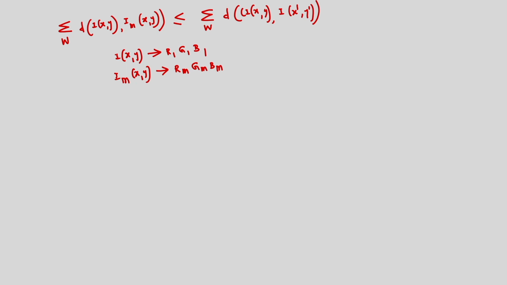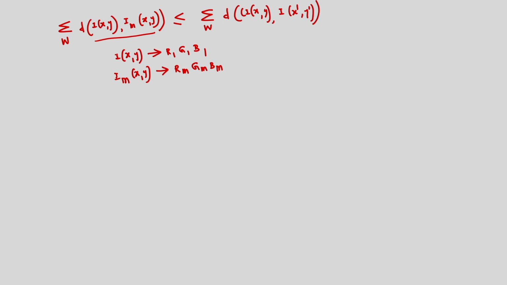If you see this expression, what is the meaning of the median? I find the distance between the pixel Ixy and the median pixel, and summation over the window. So I have to consider all the distances, and after this I have to take the summation corresponding to that particular window.